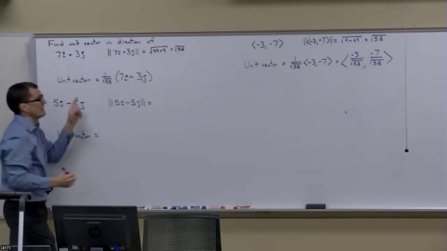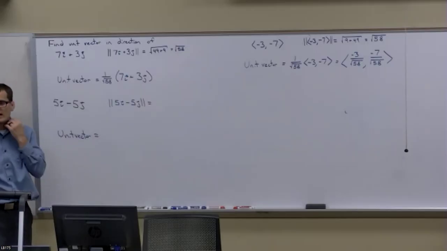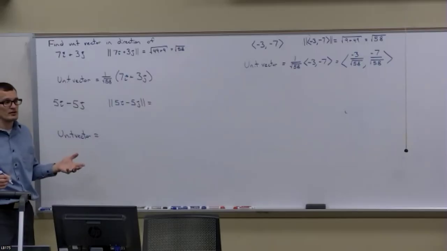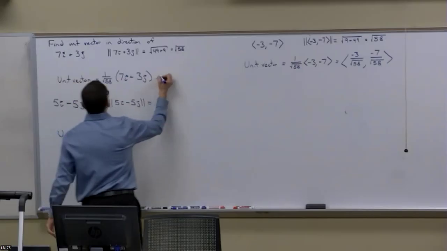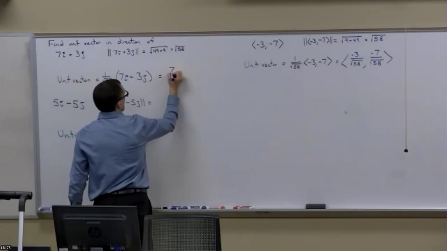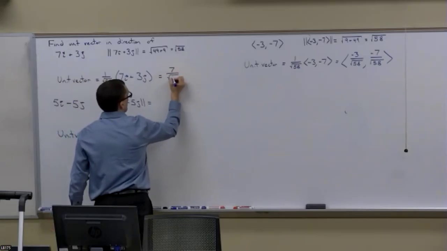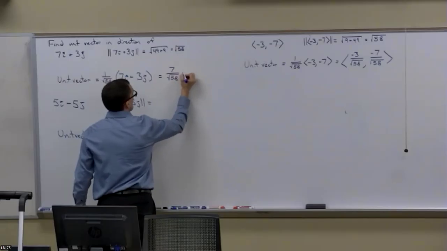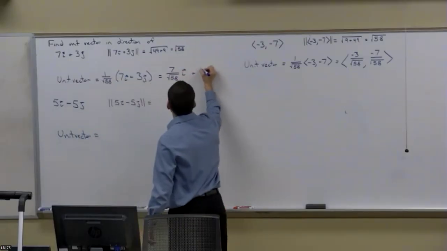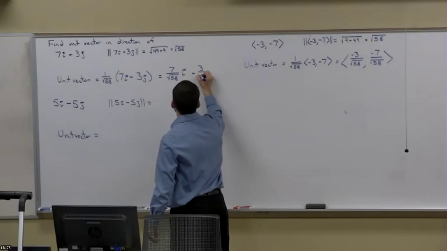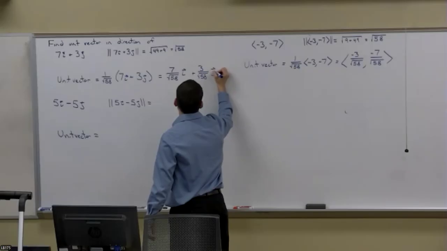If I want to write it like that, that's perfectly fine. I just have to distribute the 1 over square root of 58. And so the unit vector is 7 over the square root of 58 times i plus 3 over the square root of 58 times j.